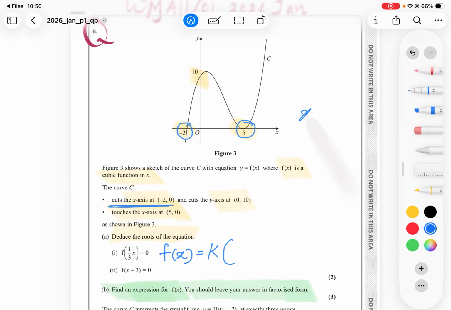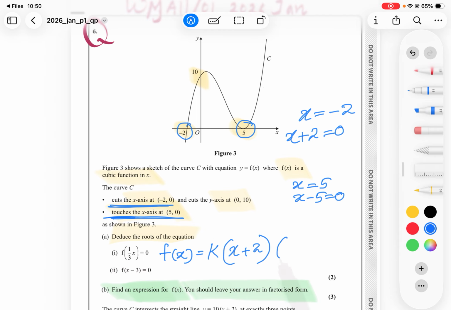So if x is -2, when the x comes to the left side, it will be x + 2 equals 0. So one factor would be x + 2. And also, since it touches the x-axis at +5, x minus 5 equals 0. Here, since it says it touches, we have x minus 5 squared.